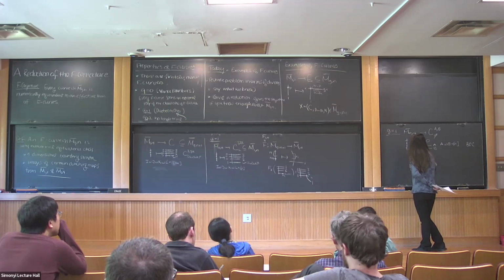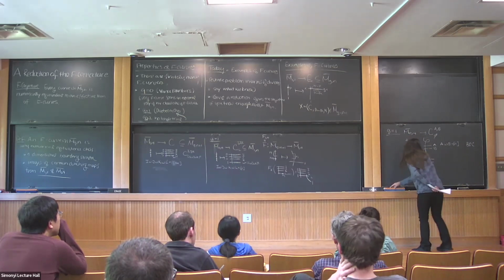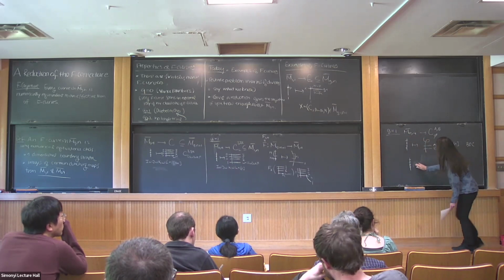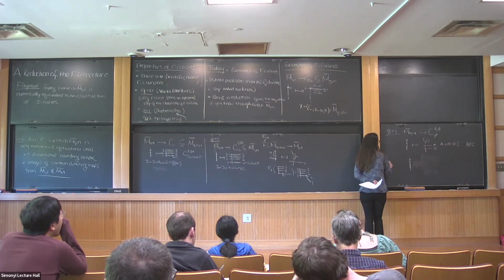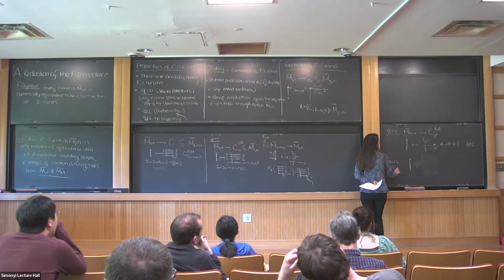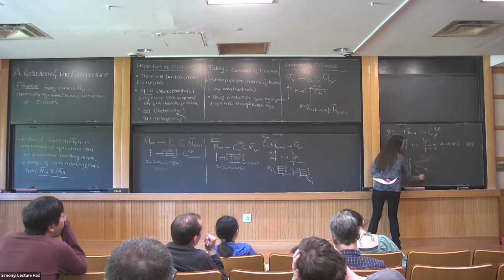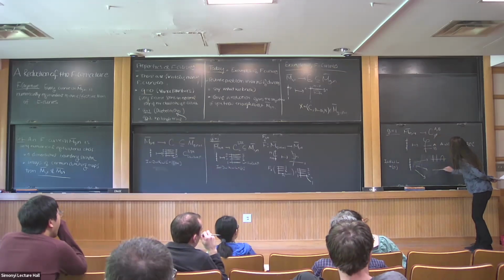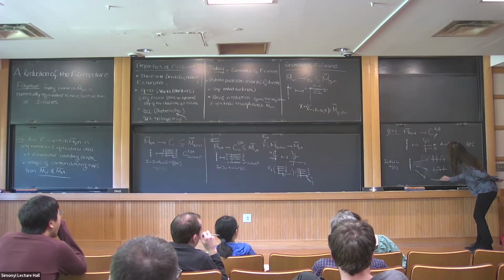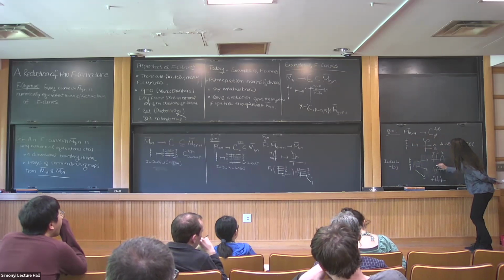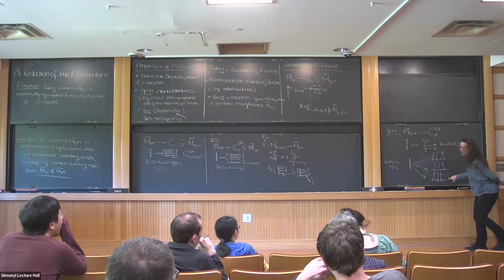Actually, let me show you that I get 3 different curves if I have a partition into 3 sets. There are 3 things I could do here. I could put I, J, and K here, I, J, and K here, or I, J, and K here.